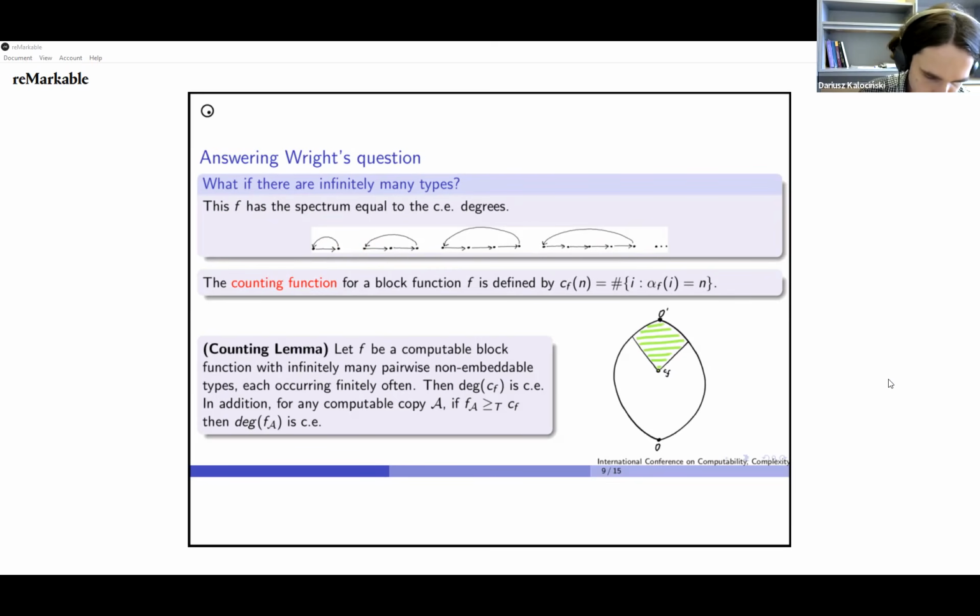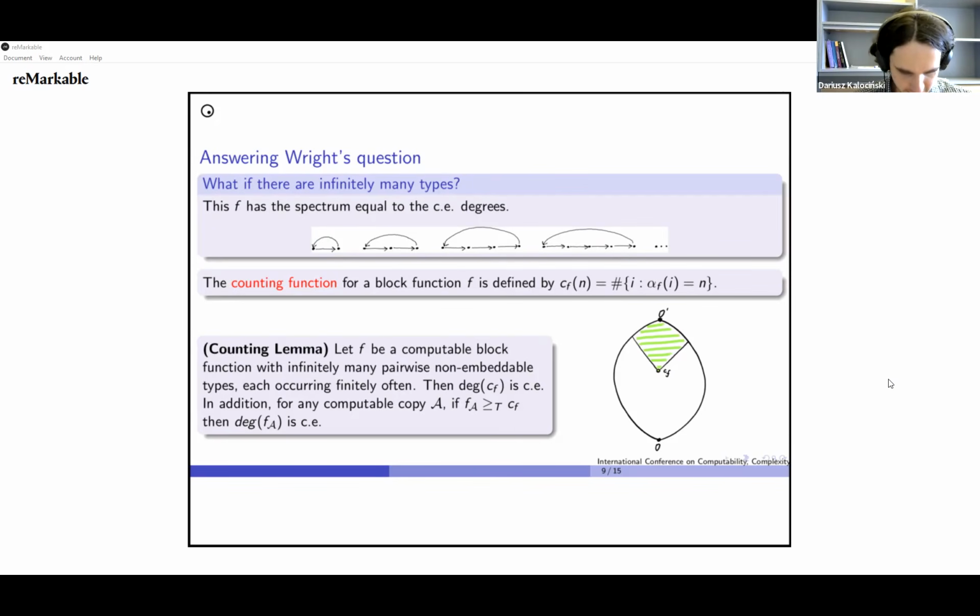So we see that having infinitely many types can change the situation. We don't only have a trivial or delta 2 degrees as a spectrum, but all c degrees can appear as a spectrum. So we should analyze this somehow.